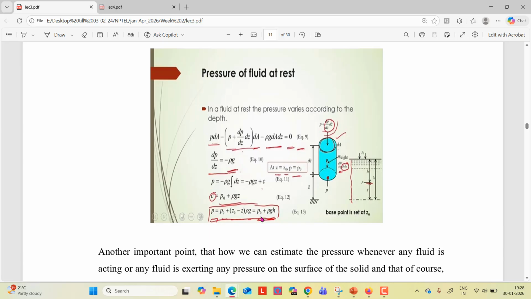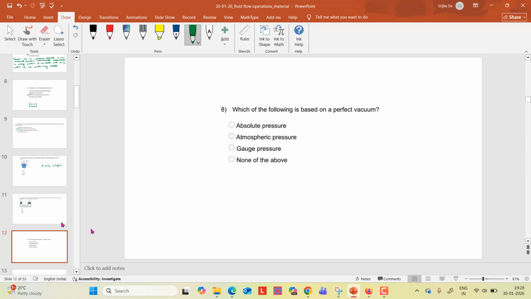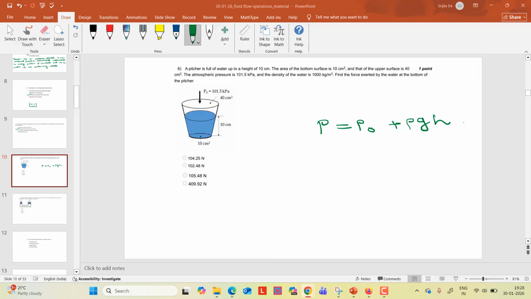So P equals P naught plus rho g h, where h is the height. Now, what we don't know? It is said, find the force exerted by the water at the bottom. So P0 we know. P0 is the surface atmospheric pressure.